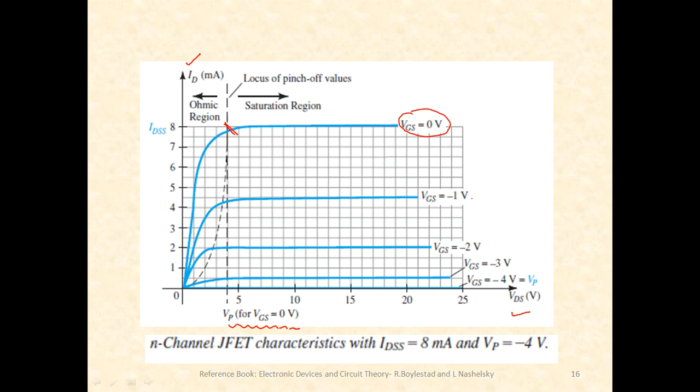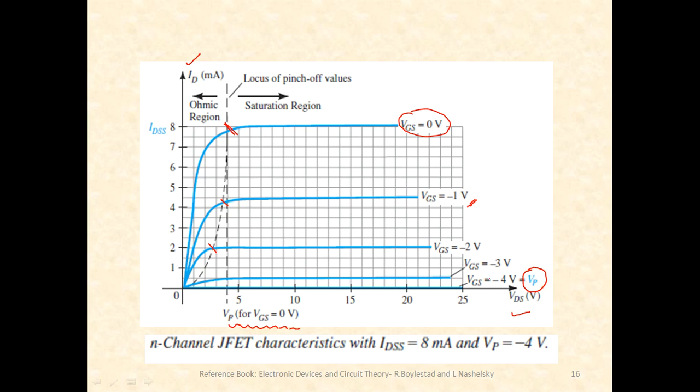Next, when VGS has been increased to minus 1, you can observe that a lesser current flows, right? Because the pinch off occurs much earlier. Then further, when VGS is minus 2, again lesser current with pinch off occurring much earlier. VGS minus 3, much more earlier, and then finally when VGS is minus 4, equal to pinch off.